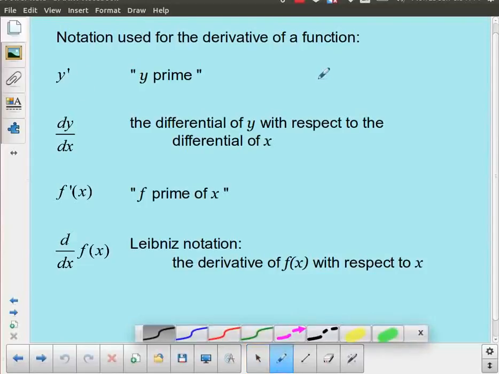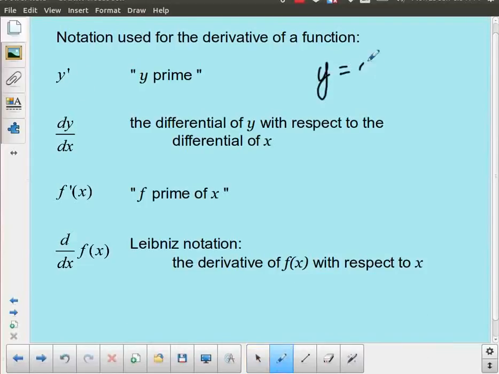So for example, if we just have something like y equals x cubed, then we might be interested in the derivative, which would be y prime is equal to, and then we would figure that out. In this case, the derivative would be 3x squared. I took this number 3 down in front, so it became 3 in front, and then I subtracted 1 from the remaining exponent.